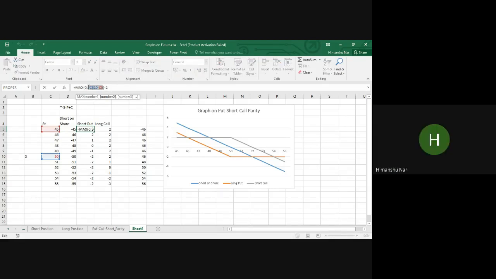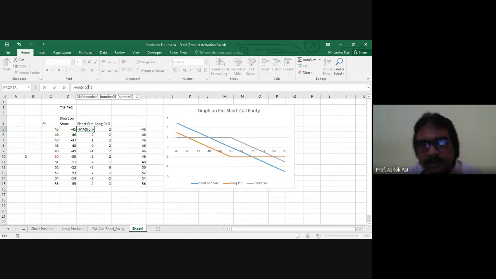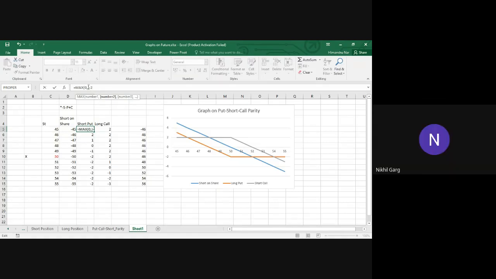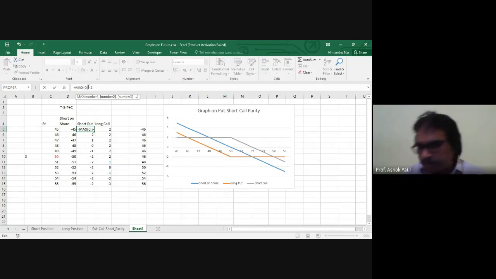Sir, I have one question. In short put, we have to consider the premium or keep aside the premium? Okay, one minute. The premium is happening at point zero. Here we are talking about the person who has taken the short put position. We are calculating the maturity of the short put position.